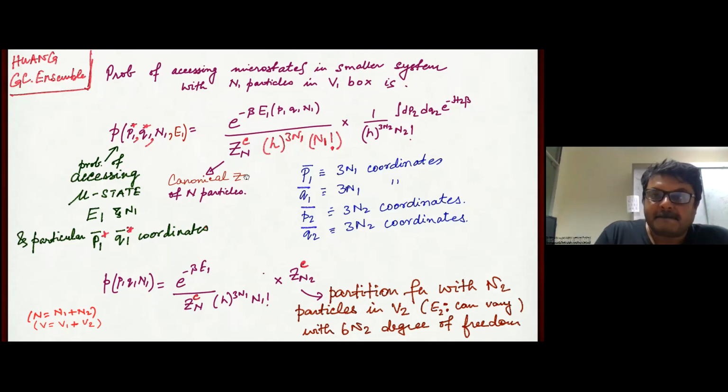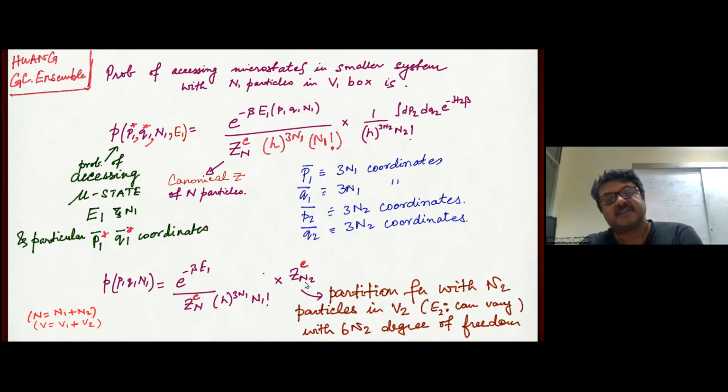And then in that case, this quantity is essentially the canonical partition function, because you're fixing that the reservoir has n2 particles. You're saying n1, p1, q1. So it's the canonical partition function with n2 particles in the reservoir, and this is the canonical partition function with n particles for the entire system, and this term is intact.